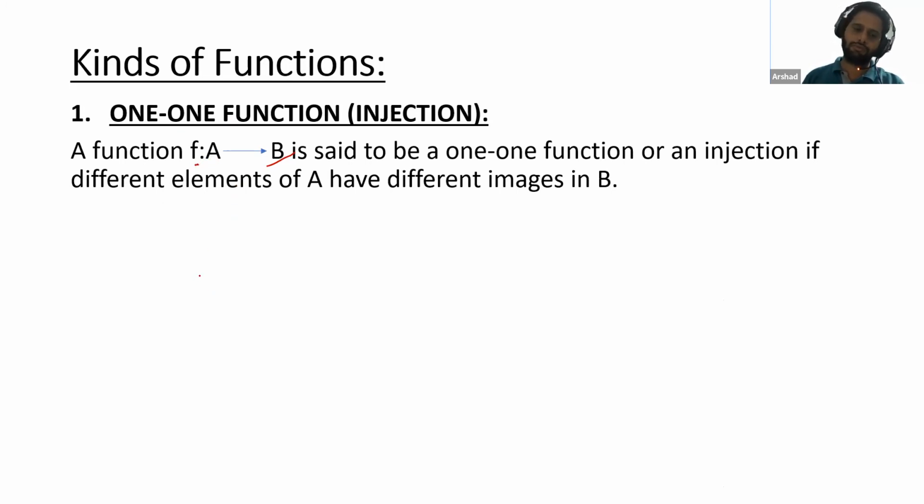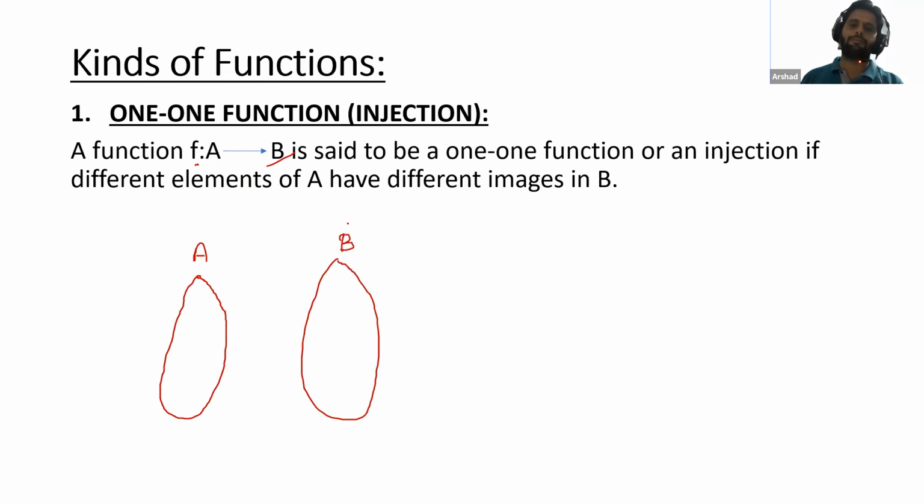That means you have two sets, set A and another set, set B. A function from set A to set B is said to be a one-one function if different elements of A have different images in B. What does this mean?